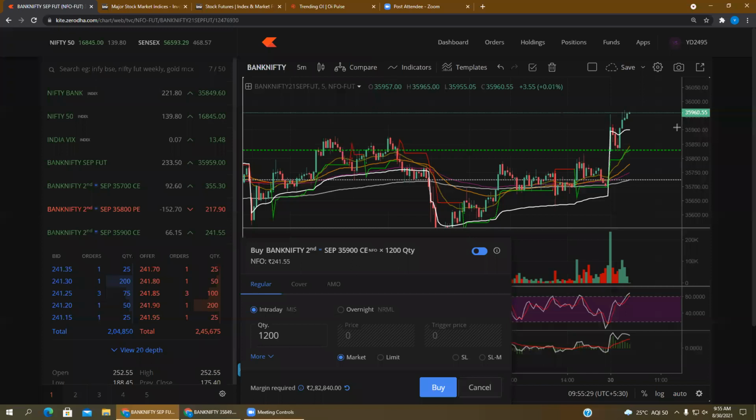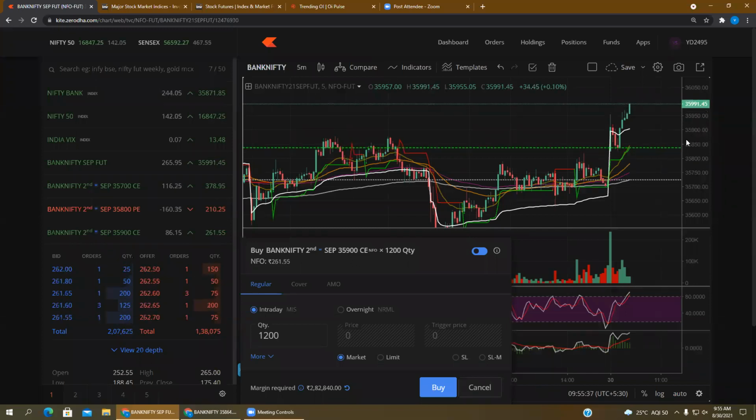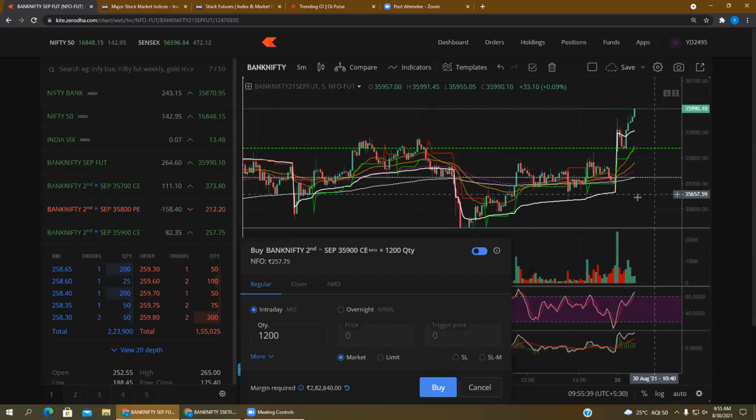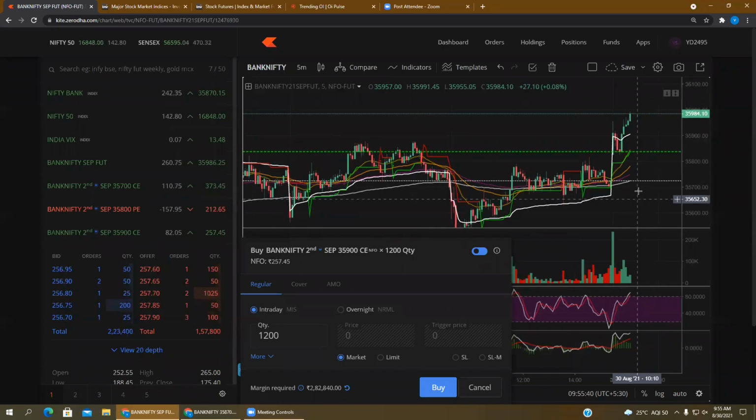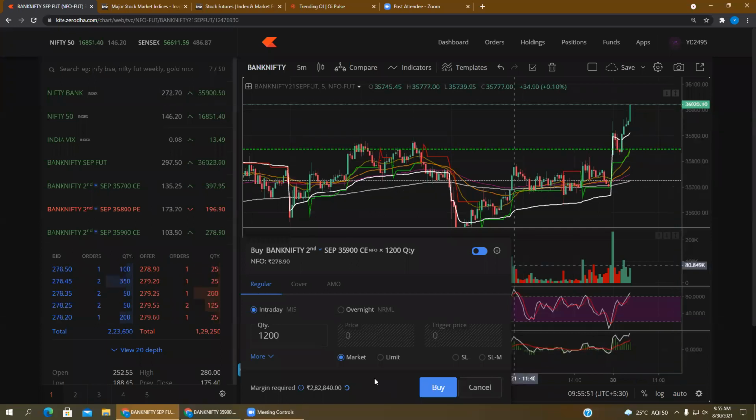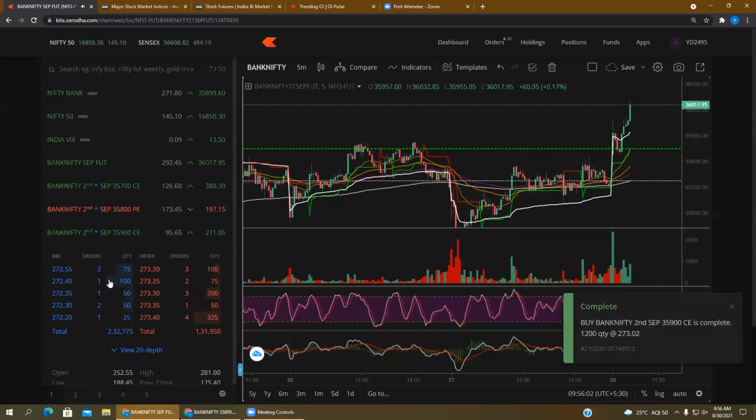Okay, it's touched the open high now. Wow, 260. Wow, 280. This is a good move. Added at 273, 1200.